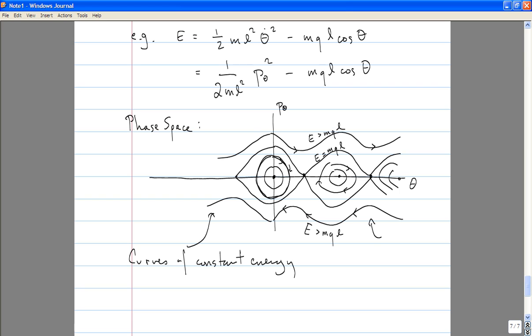And so the fact that energy is conserved means that once you draw the lines of constant energy on the QP plane, all you need to do is specify the initial position and velocity of the system at some point on the phase space on the QP plane, and then you can use this diagram just to follow the evolution along that curve of constant energy.